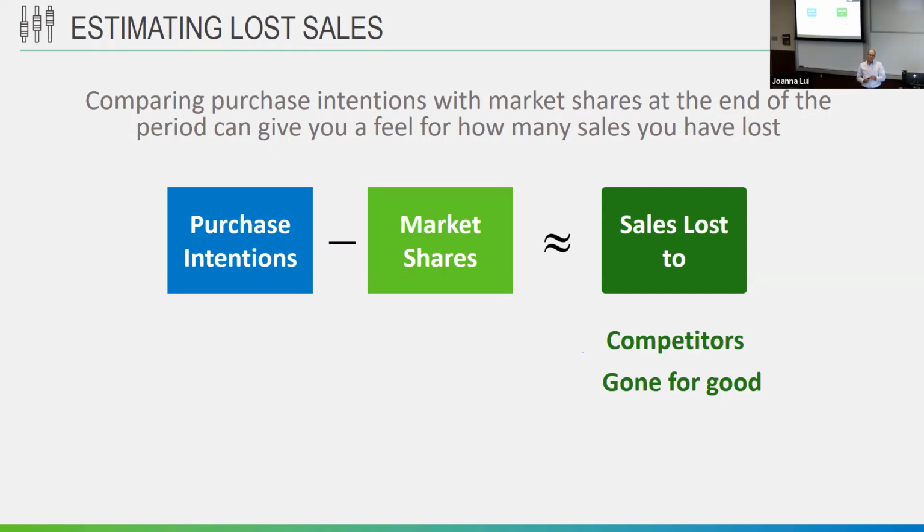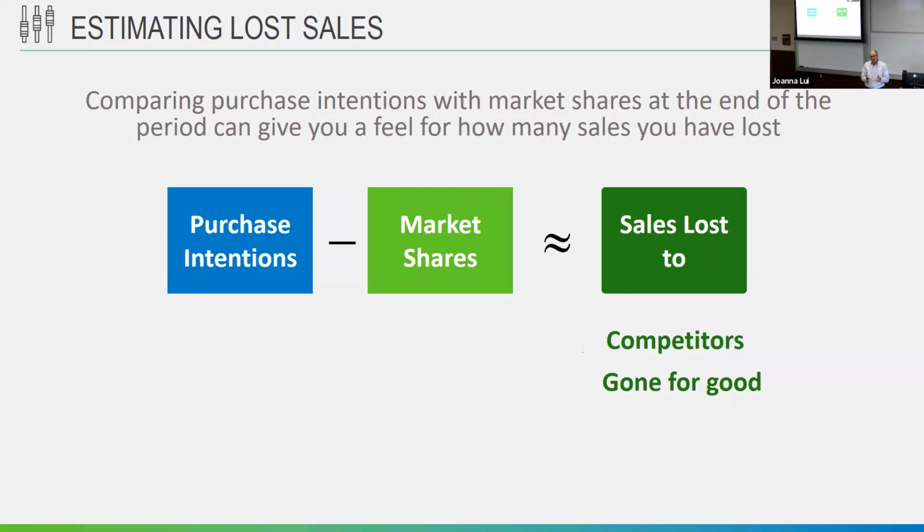But one of the things you can buy is purchase intention. So it's looking out a year and it's asking people, what do you intend to buy? And then you can compare that to what you actually sold, what your market share was for real, and then get some feel for how many sales you actually lost.